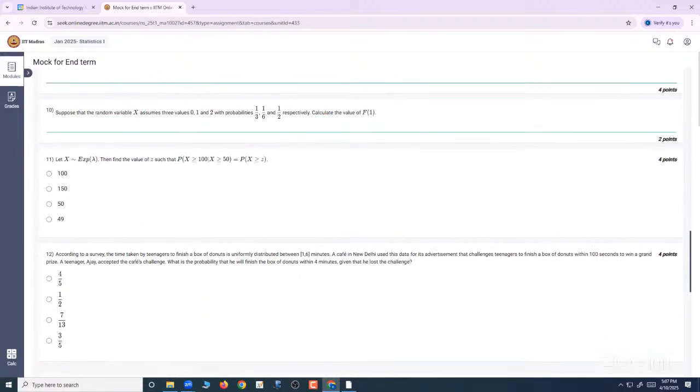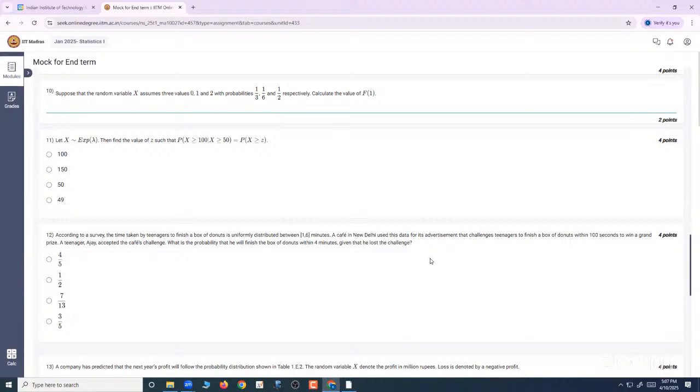One by 2. What about others? 0.5. Everybody is getting that answer? No, ma'am. Are you solving it, or you're not getting the answer even after solving it? I don't know, somewhere I'm making a mistake.